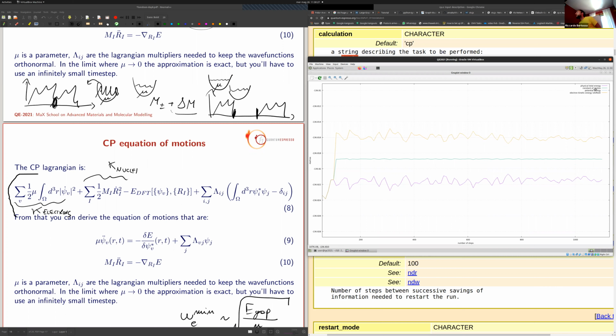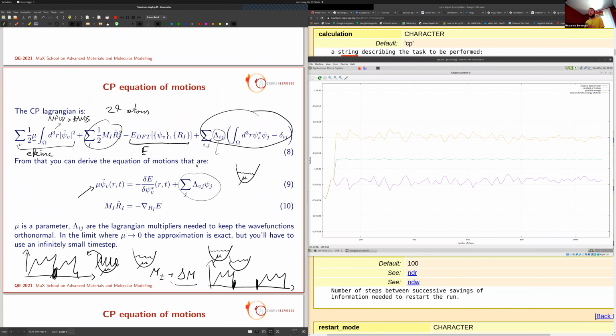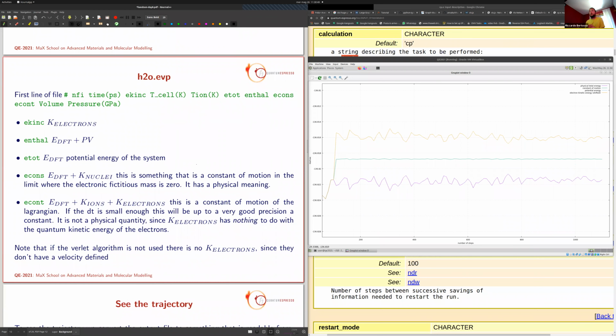Then, okay, the constant of motion is nothing physical. It is not like the energy of a classical simulation, because you have this term inside it. So the constant of motion, maybe I wrote it before, yes, it is called econt in the output file.